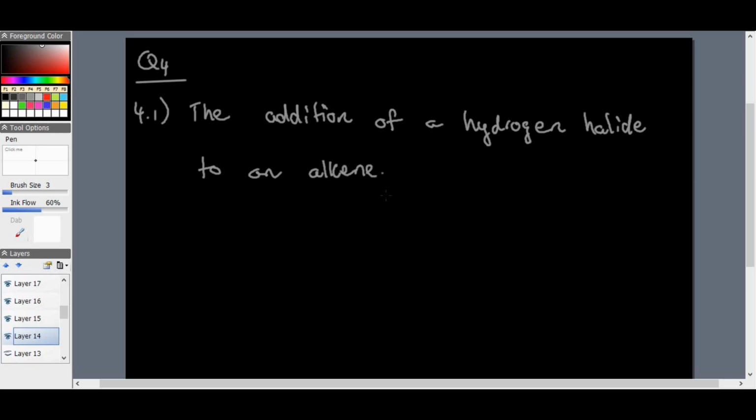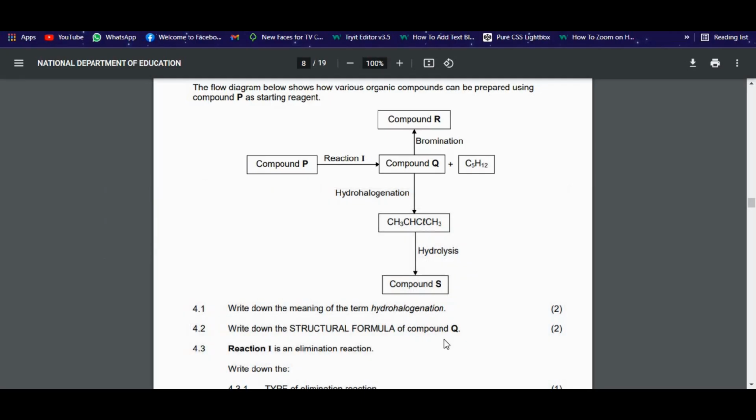That is the correct definition for it. Adding a hydrogen halide to an alkene. Okay, let's switch color quickly. 4.2, also for structural formula, let me write down the structural formula of compound Q.